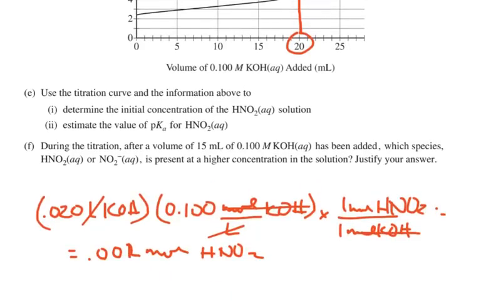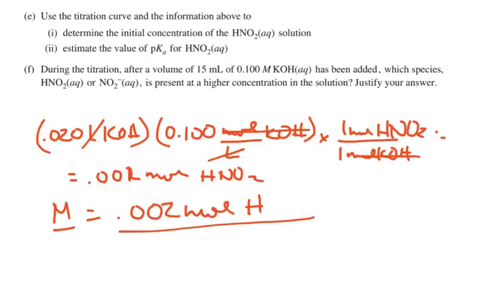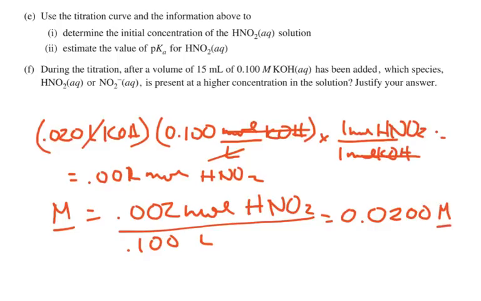So this, we figured out how many moles of HNO2 to get our molarity. Then we're going to divide by 0.1 liters. So we're going to get 0.02 molar.